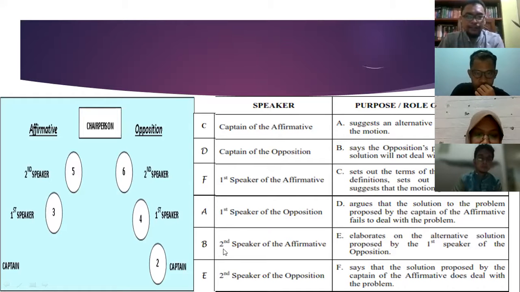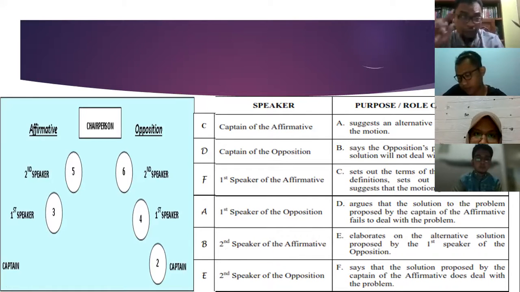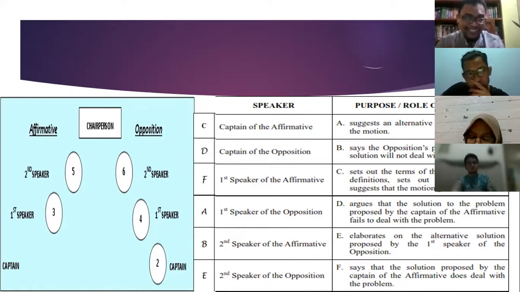And then the second speaker of the affirmative, B, says the opposition's proposed alternative solution will not deal with the issue. And the last, the second speaker of the opposition, E, elaborates on the alternative solution proposed by the first speaker of the opposition, right? So class, after the first stage of the debate in the Asian parliamentary debate format, the second is question and answers.